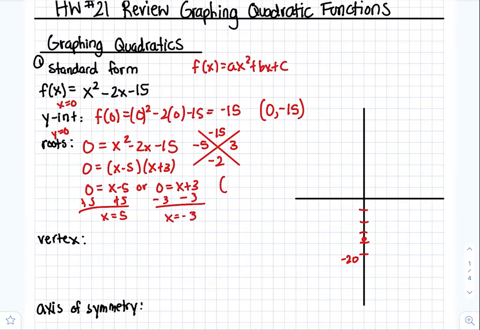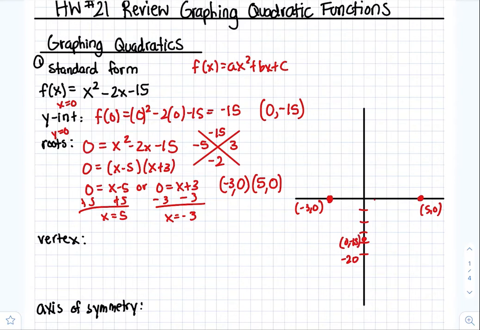So our two roots are, now recall, we denoted y is equal to 0, so y is equal to 0 for both, and we found that we got negative 3 and 5 as our roots. So I'm just going to graph negative 3 and 5. 1, 2, 3, 4, 5. Negative 3 comma 0 is right here, and 5 comma 0 is right there. And let's not forget that this is 0 comma negative 15.